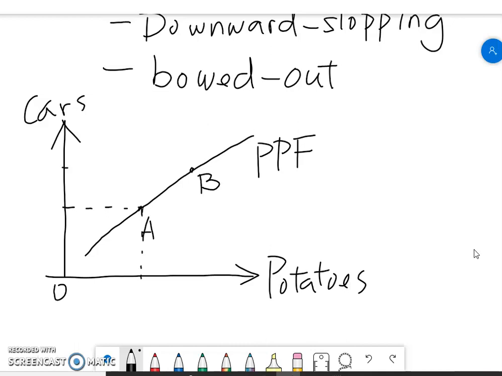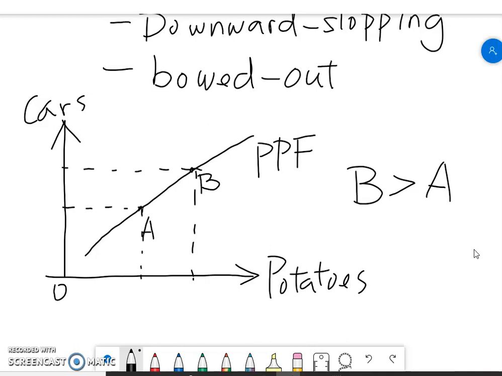At point B, these many cars and these many potatoes are produced. Now we find that at point B, the economy produces more of both, more cars and potatoes.